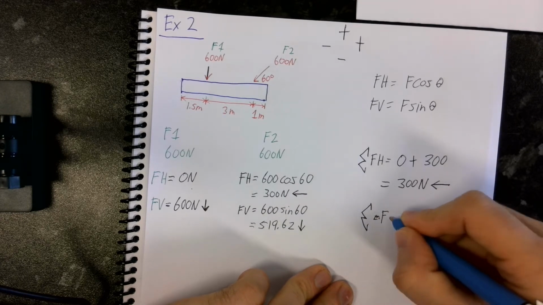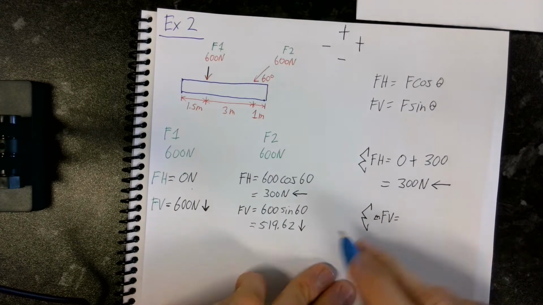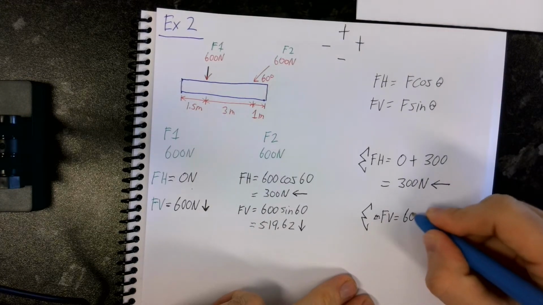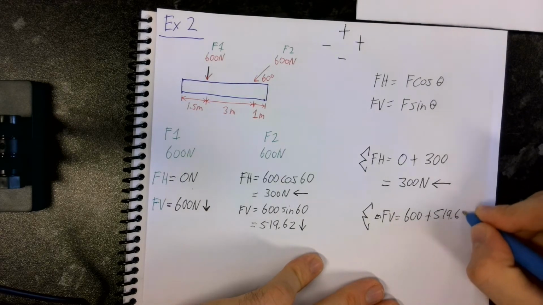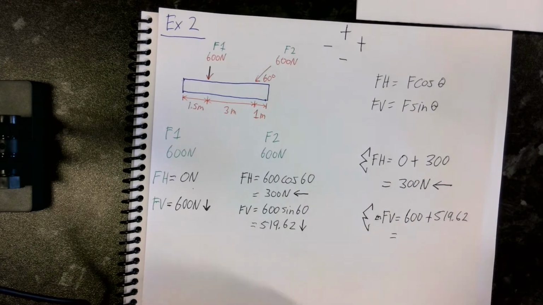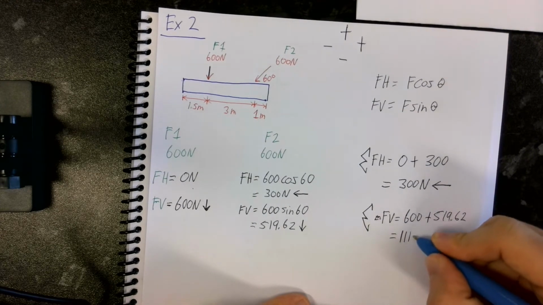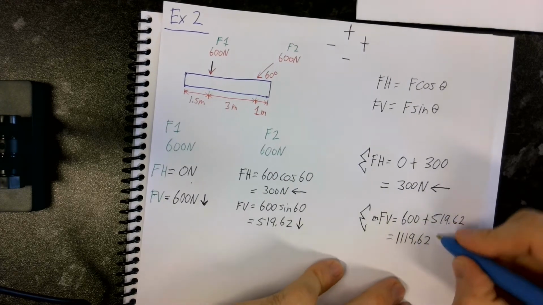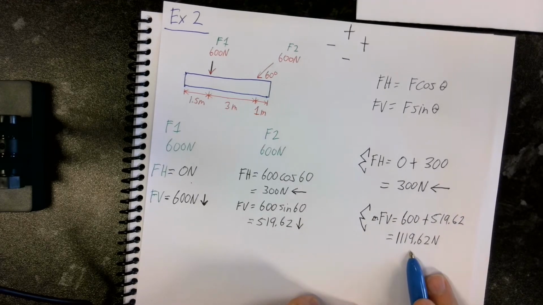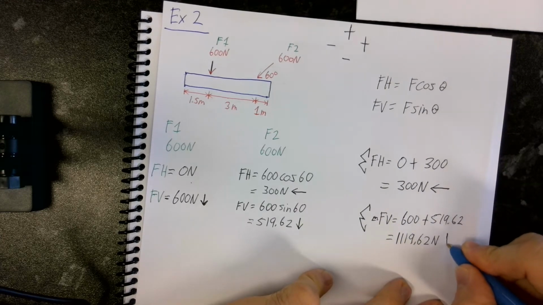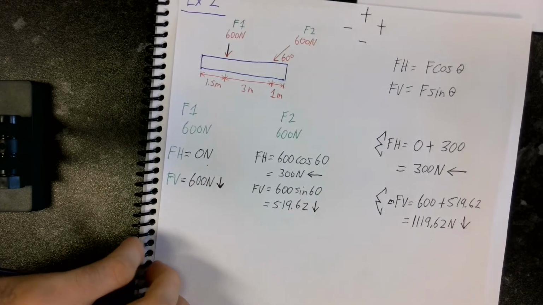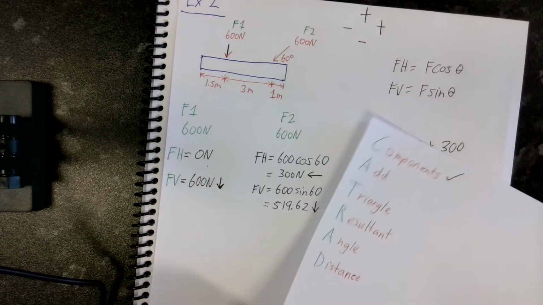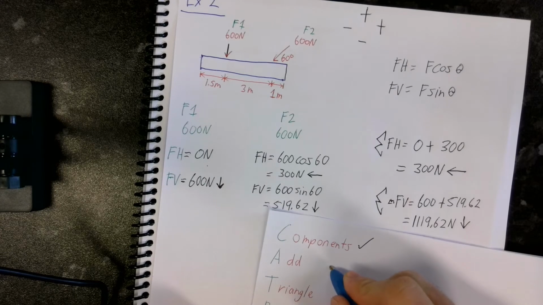What is it? 600, plus 519.62 is equal to 1119.62 newtons. Again, it's a negative, so we need to go down. Okay, good. So that there is our add. Give it a little tick on our chart.